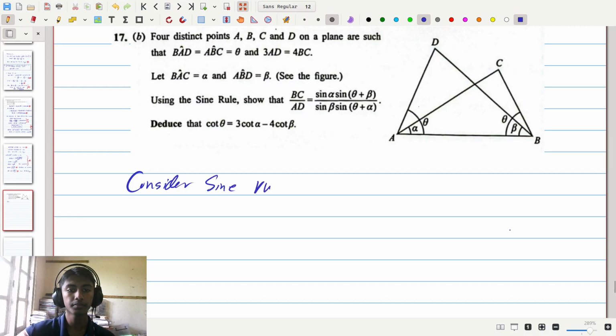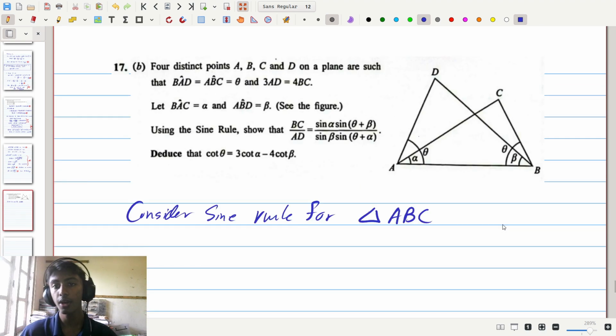So if we do that, let's consider the sine rule for the triangle ABC first. If we consider the triangle ABC, we can see the angle opposite to the side AB is this angle right here, and it can be found by the fact that the other 2 angles in the triangle are alpha and theta.